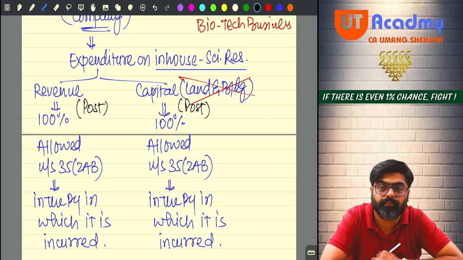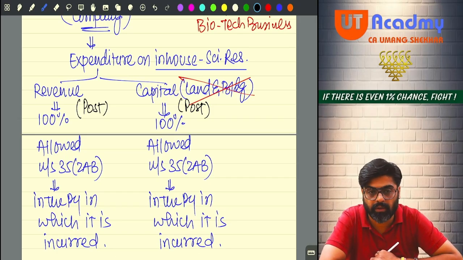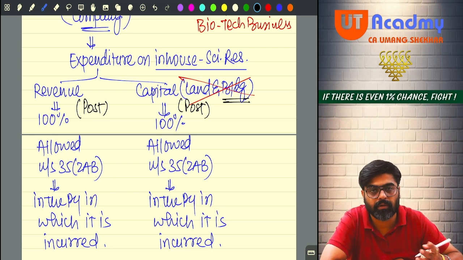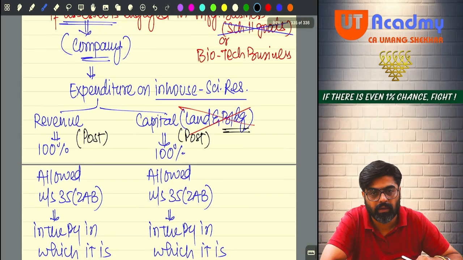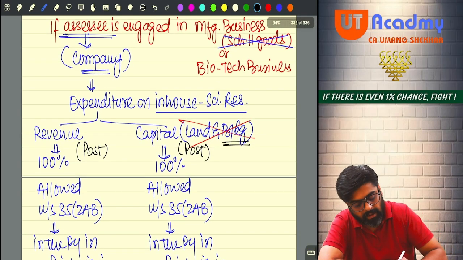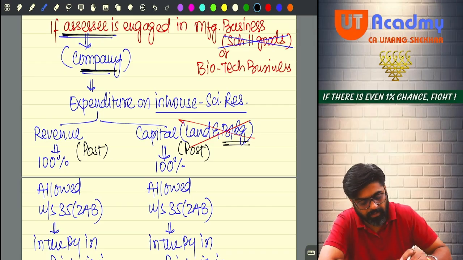Getting my point? So the year in which it will be incurred, in that year it will be allowed. Now pay attention. Cost of building will be allowed or will not be allowed? Will not be allowed. So wait, this 35(2AB) is available to an assessee who is a company.